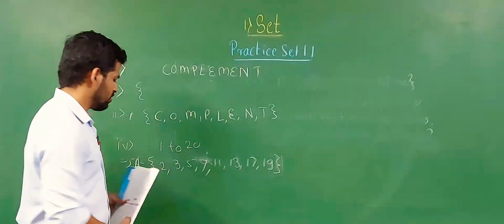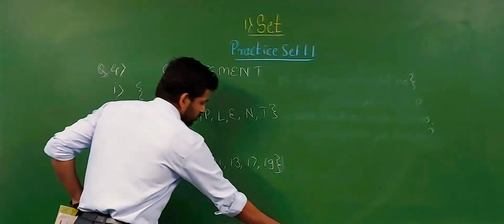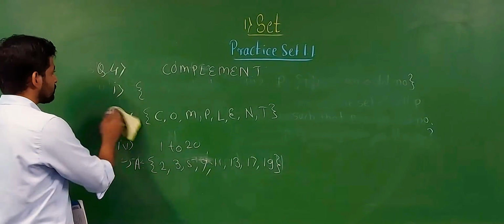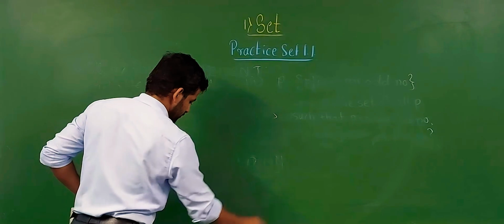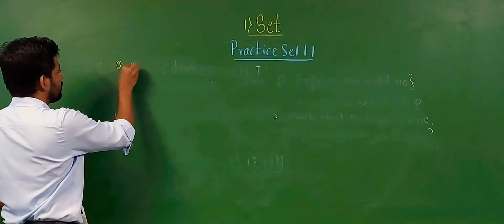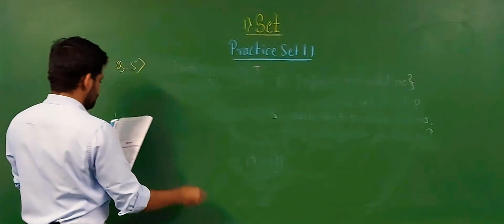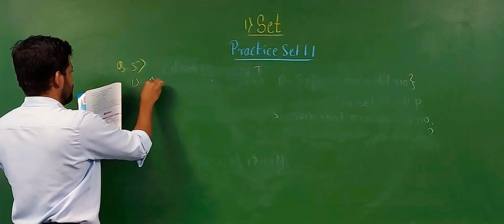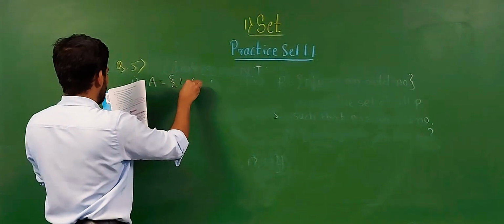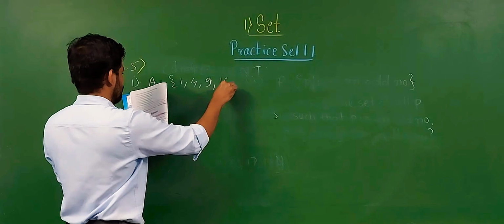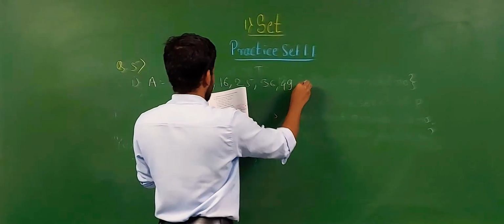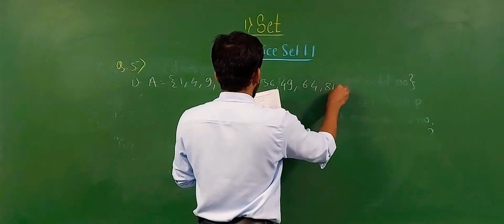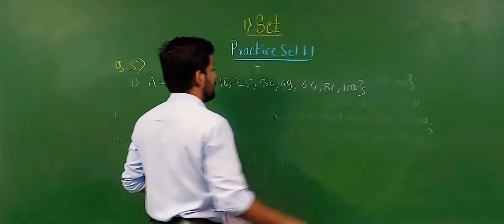So next one, question number 5. Let's see question number 5. There is first one, A is equal to 1, 4, 9, 16, 25, 36, 49, 64, 81 and 100.